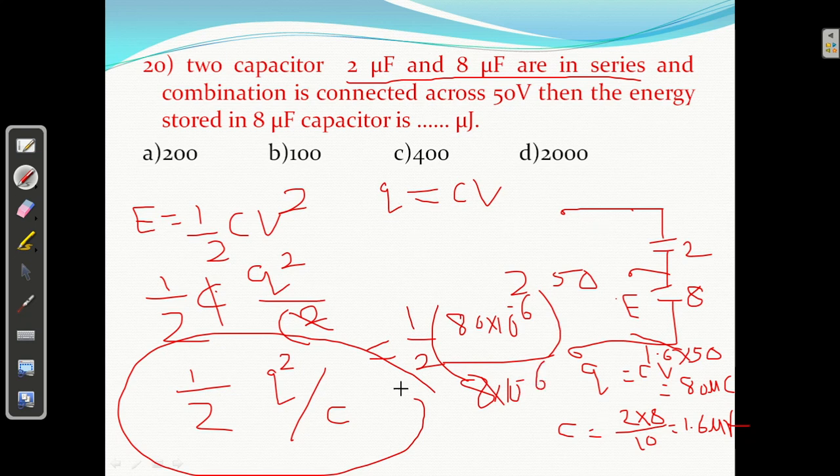So if you solve it, I am going to use the calculator. Yes, I am getting 400 microjoule. Yes, this is the answer. 400 microjoule. Okay, so by using this way, you can get the answer.